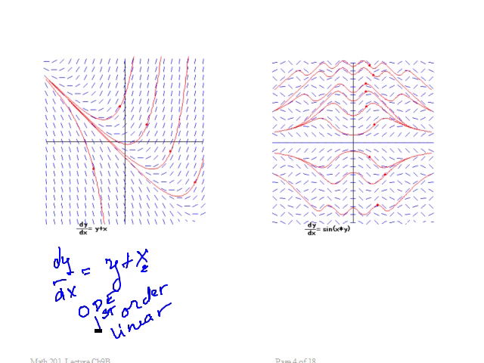Is it autonomous? If it's autonomous, then the independent variable does not appear explicitly. Here the independent variable, which is x, appears explicitly, so it is not autonomous. And it is non-homogeneous.